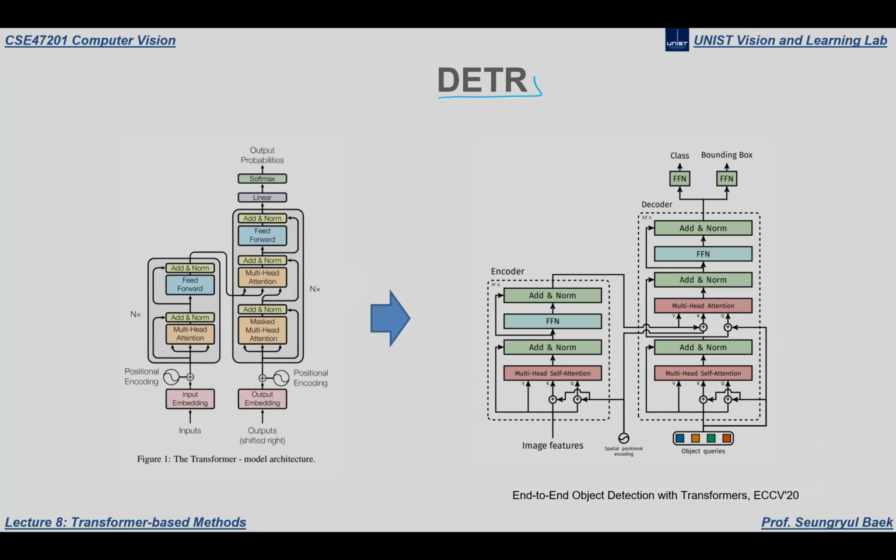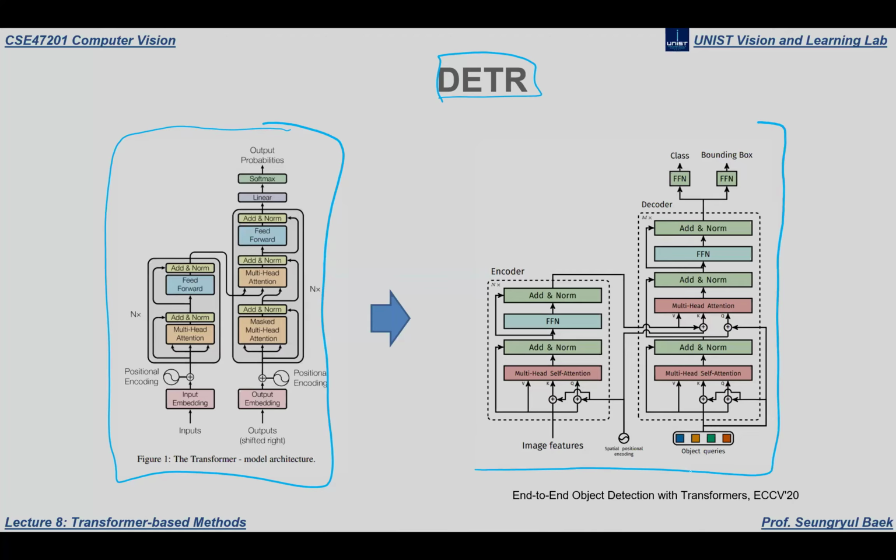And DETR, this is the original transformer architecture that works sequentially, but this is the figure drawn in the ECCV 2020 paper, which draws the pipeline for the DETR. So previously, the input was a word sequence in the original transformer, but we are starting from the image features extracted by the ResNet.